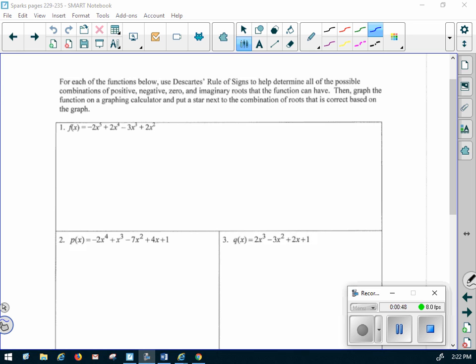Remember, Descartes' rule of signs says the maximum number of positive real roots is found by doing what? Sign changes in what? In f of x, right? And the maximum number of negative real roots you will have is found by the number of sign changes in f of the opposite of x.